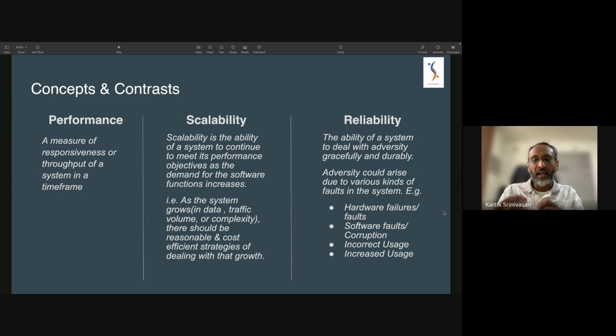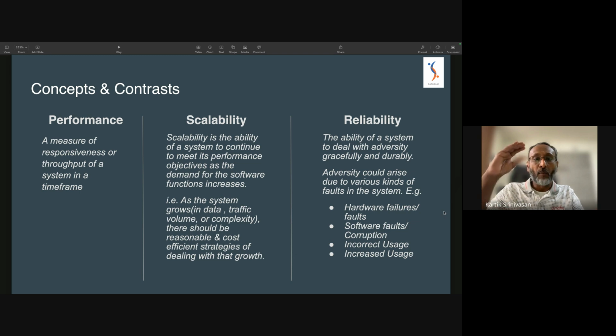So one good example, again, I'll take the same bike example. Let's say you take the same bike on a hilly terrain, right? And if the bike is able to give you the same 70 kilometers per liter, even on a hilly terrain, then you would call it extremely scalable, correct? If the drop between the mileage on a standalone road and on a slightly inclined surface is not too much, then you would still say from the performance standpoint that the way the bike was built is a scalable model, right?